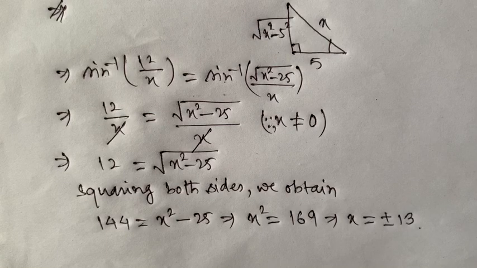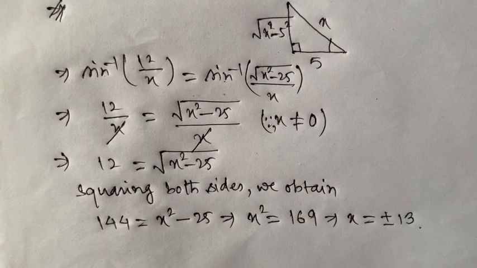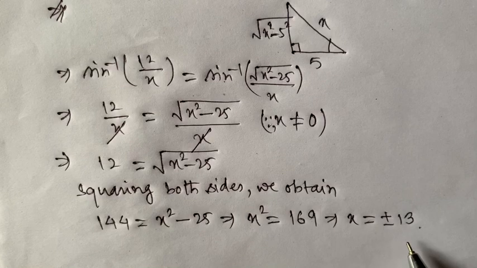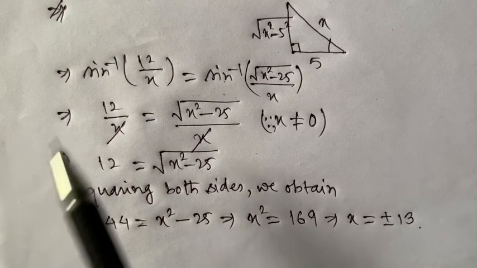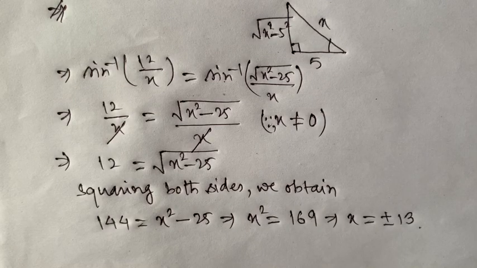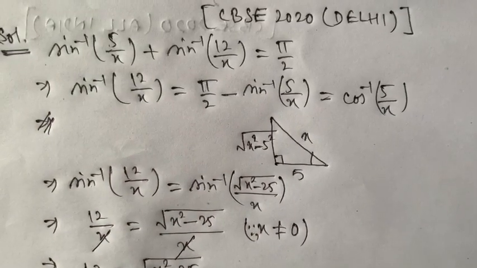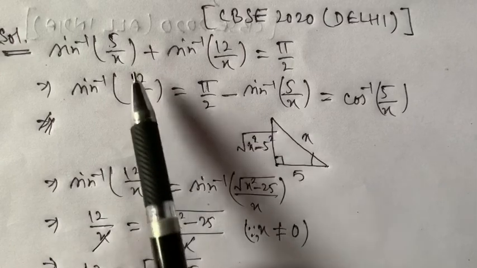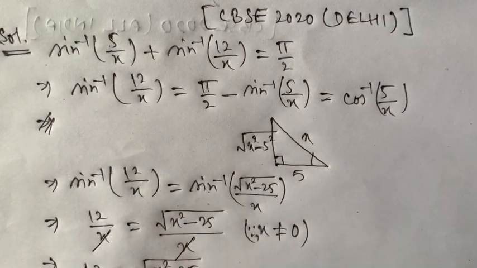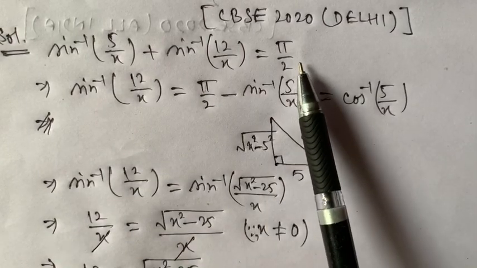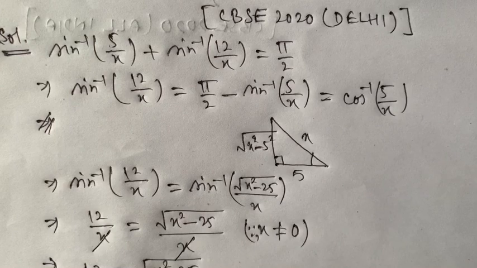But we will check from the given equation. We can easily see that when we take the negative value in the given equation, sine inverse of 5 by x plus sine inverse of 12 by x, it is not giving us pi by 2. So the negative value is not admissible there.